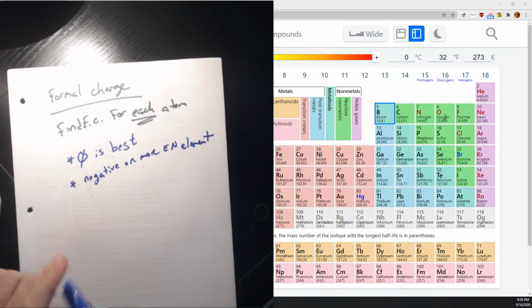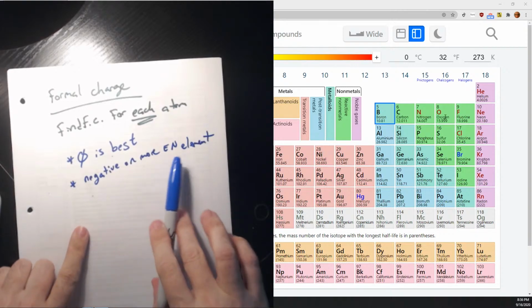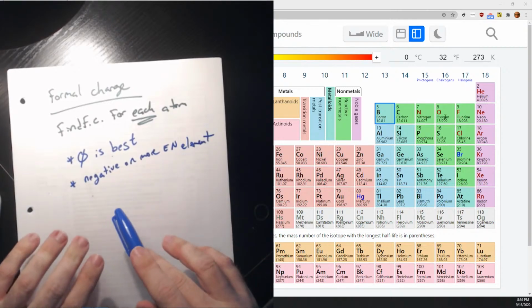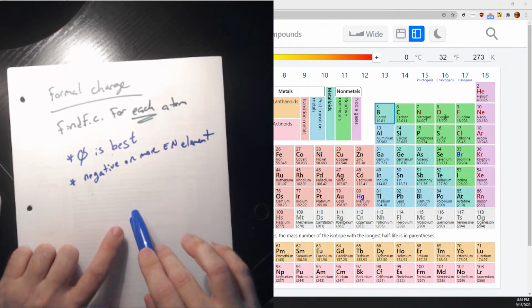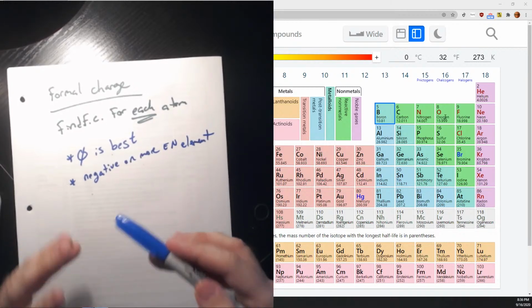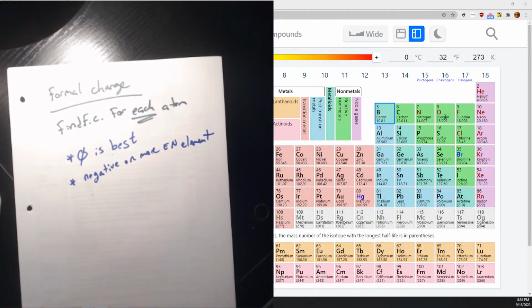Next up, you want your negative formal charge on the more electronegative elements. So if you have to choose between having a -1 on carbon versus a -1 on oxygen, put the -1 on oxygen because oxygen is a more electronegative element. Okay.